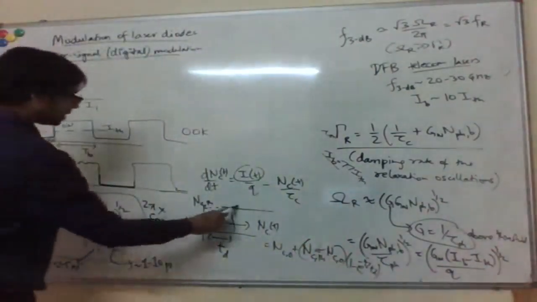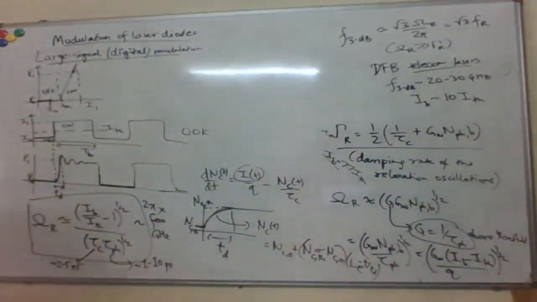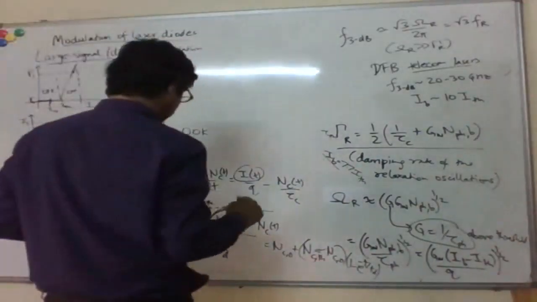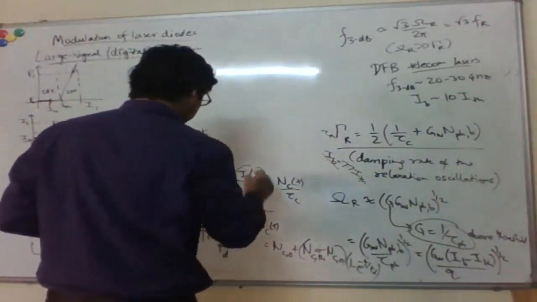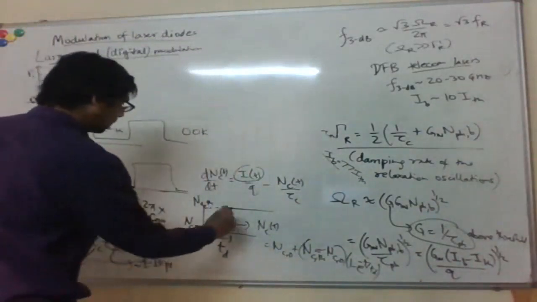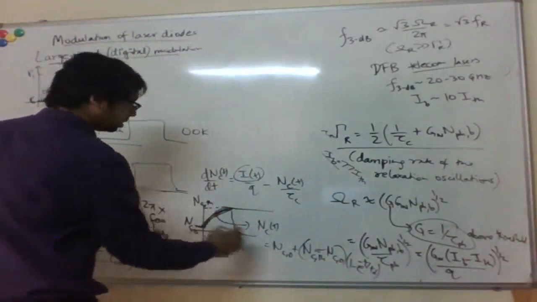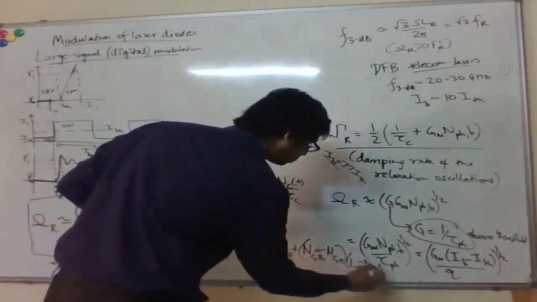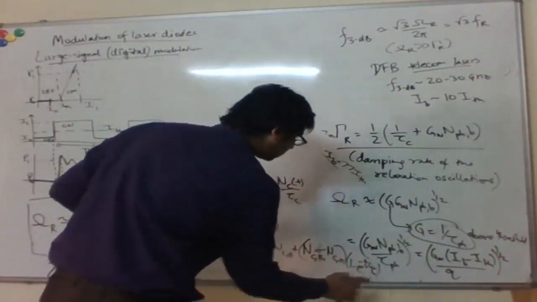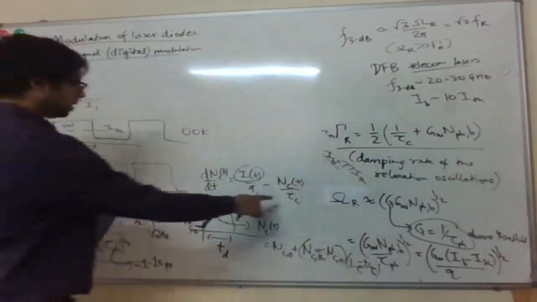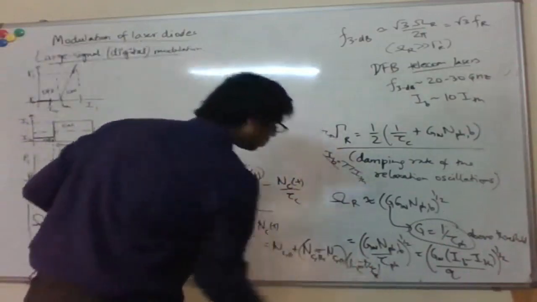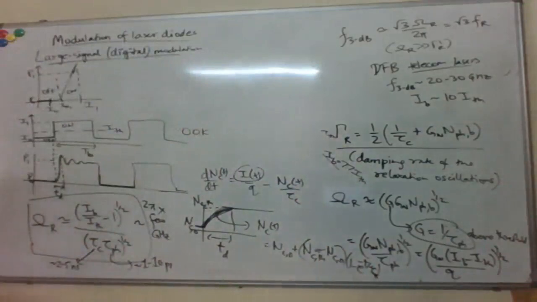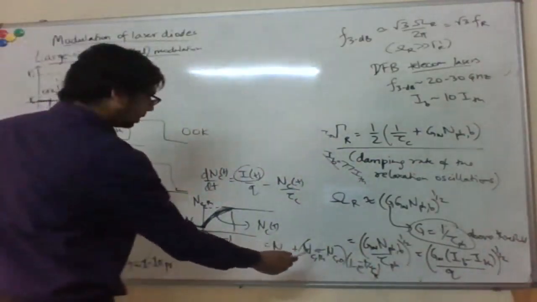So it's like an exponential rise. If you calculate what time it takes, this is not td, this is some time constant tau, or actually it will just be tau c, right? And you just calculate at what point.